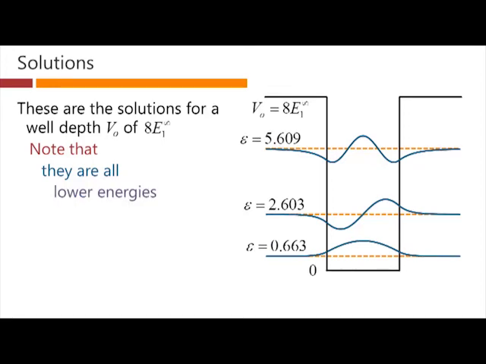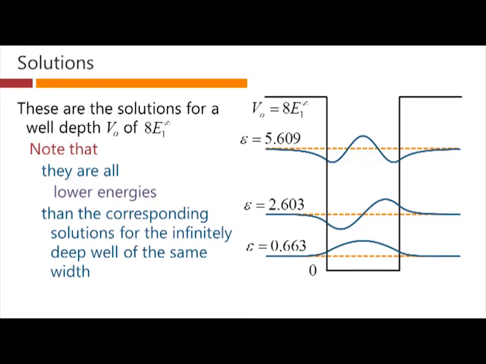Note that they are all, incidentally, at lower energies than the corresponding solutions we would get for an infinitely deep well of the same width. So this is 0.663 here, and if we look at the solutions that we would have got for an infinitely deep well of the same width, this would be where the first solution would be for that infinitely deep well. This is where the second solution would be, and this is where the third solution would be.